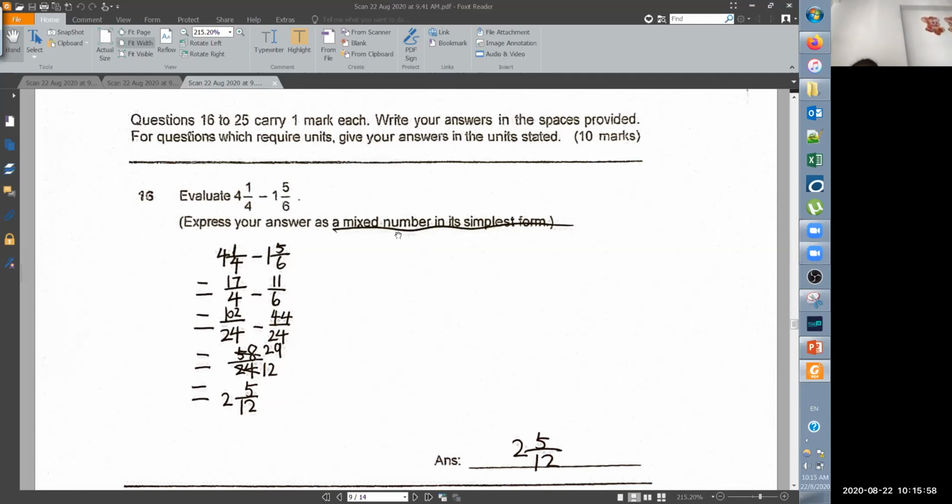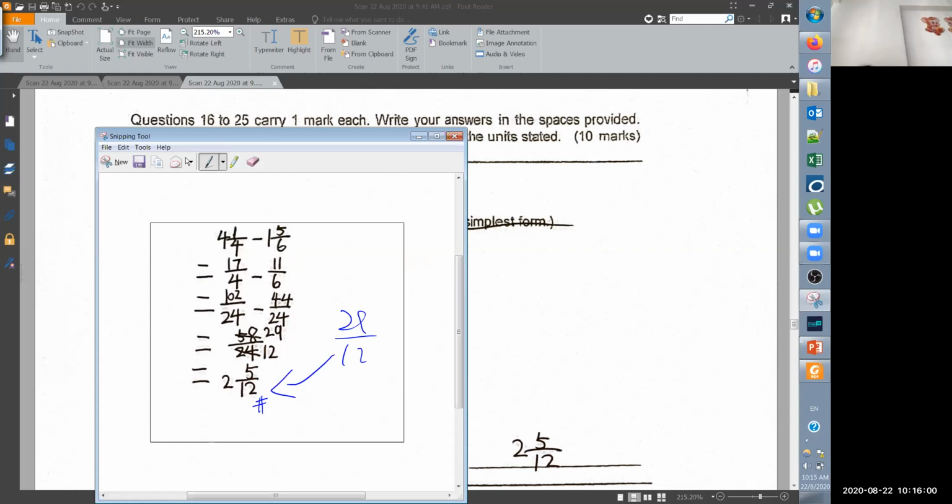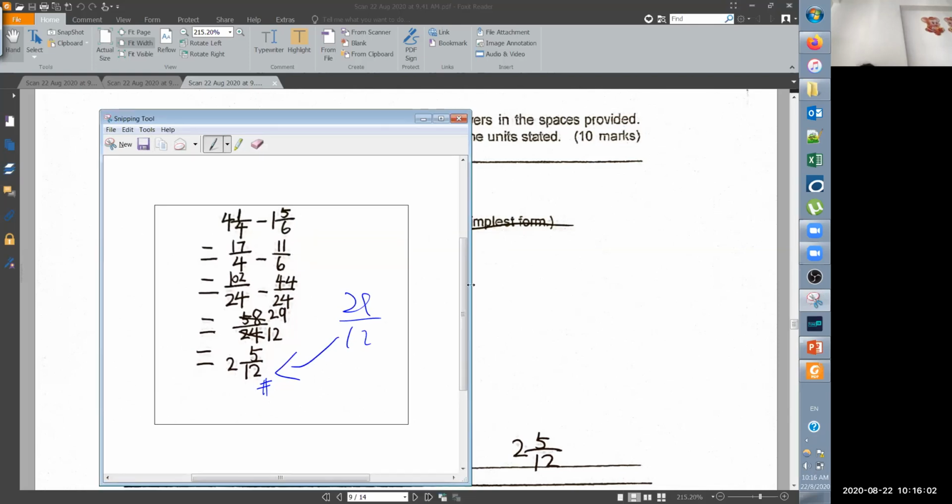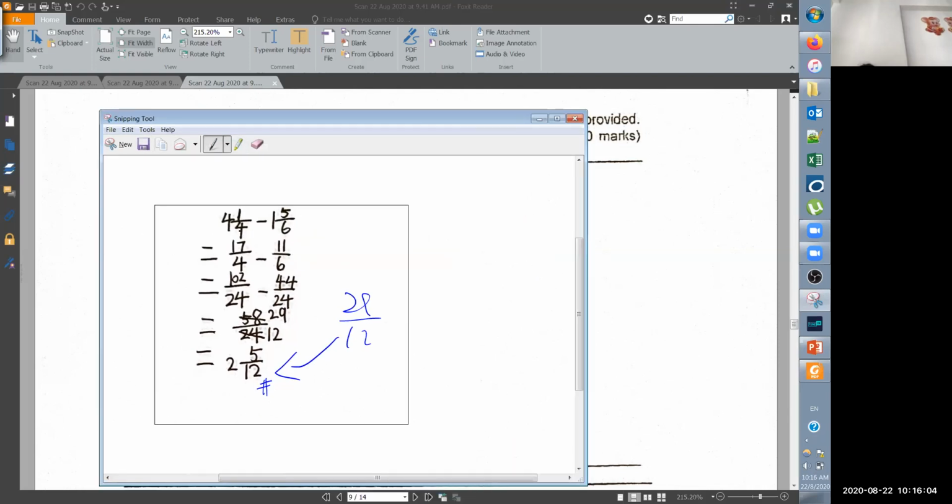And in fact, this question is not wrong, but actually can be improved. Why? Because for 4 and 6, the common multiple is what? 4 times 1, 4 times 2, 4 times 3 is 12. So the smallest common multiple is 12.